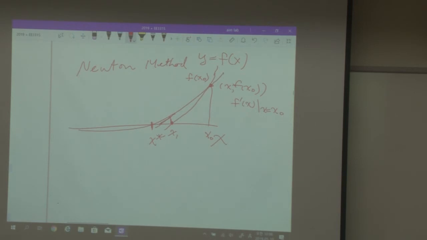If I do that iteratively, would I be able to find x star? Yes. That's Newton's method.